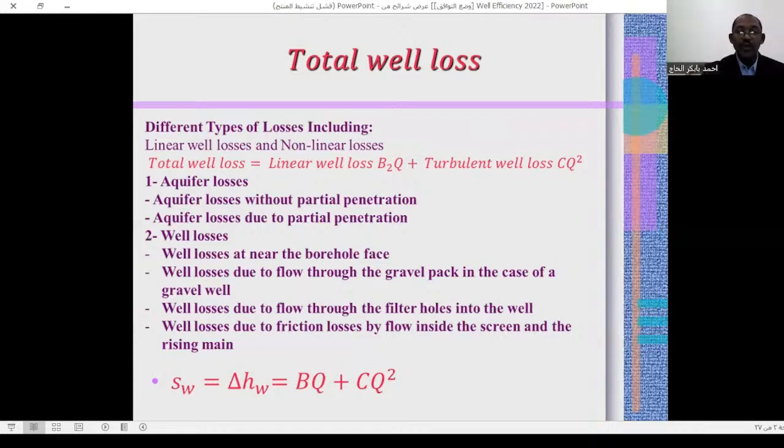And the well losses due to flow through the filter hole into the well. Lastly, well loss due to the friction losses by flow inside the screen and rising main. Total well loss mathematically equals BQ plus CQ square.